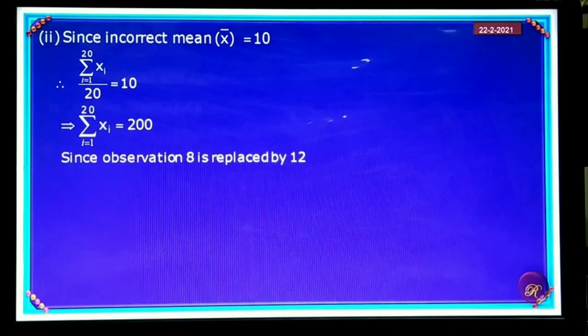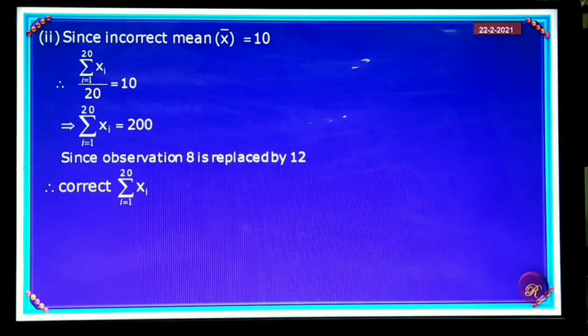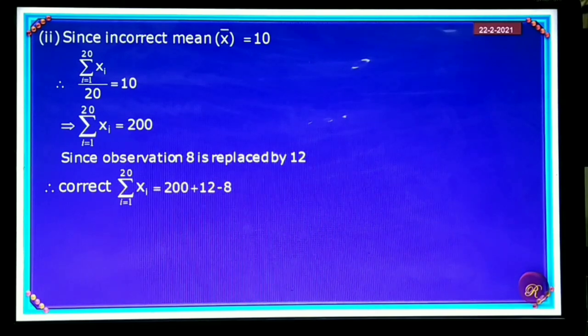Since observation 8 is replaced by 12, therefore new sum is 200 plus 12 minus 8, is equal to 204.